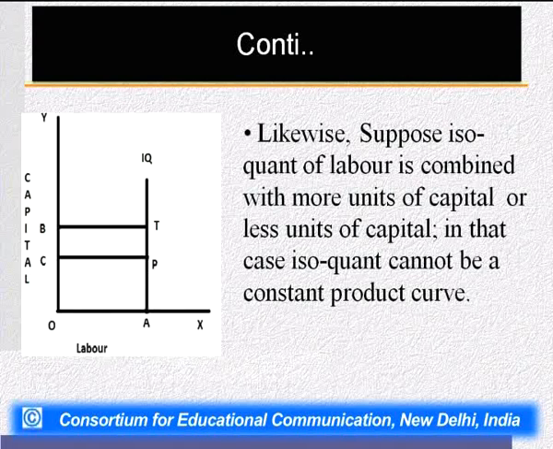Another thing: if you look at an isoquant curve in a perpendicular shape, you can ask, is it possible? No, it is not possible. Suppose the isoquant curve is in this form, with capital OC and labor OA, and production at point P is, suppose, 100. From combination T, you increase the capital from C to B, but there is no change in the labor unit.